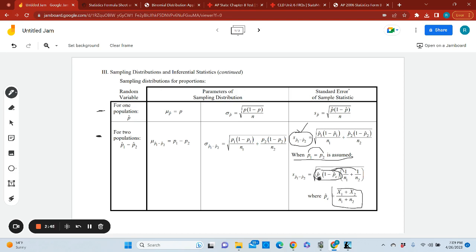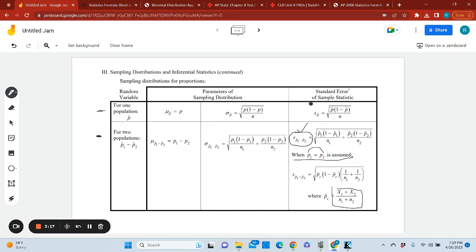So you'll get the pooled proportion times the opposite of the pooled proportion over the first sample size plus the pooled proportion and 1 minus the pooled proportion over the second sample size. You add those together, take the square root. They make this formula, in my opinion, look more complicated when they factor out this piece and make it separate. But we'll discuss that when I do the significance testing video for proportions.